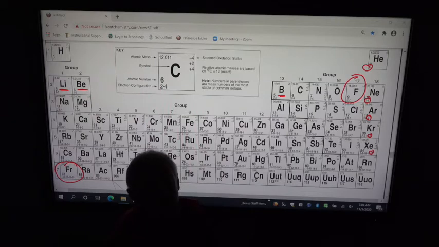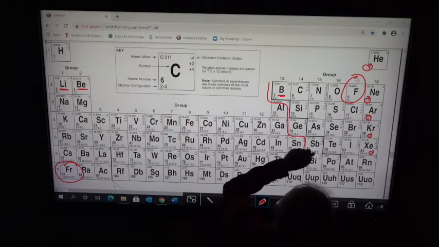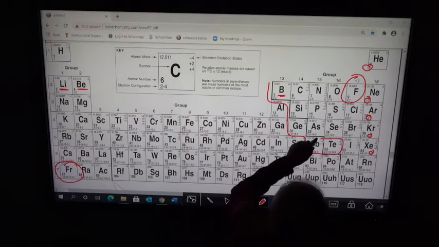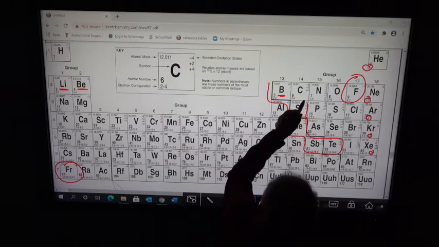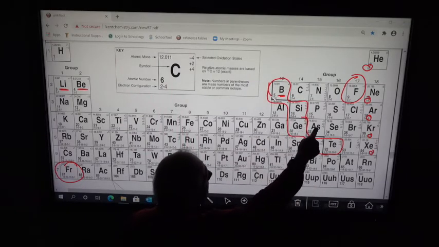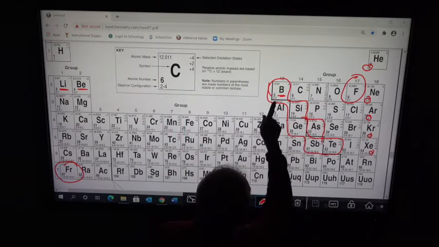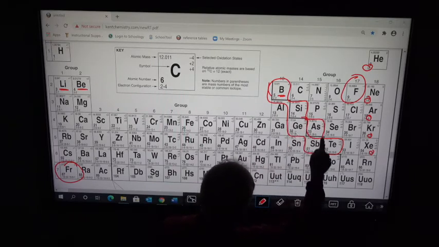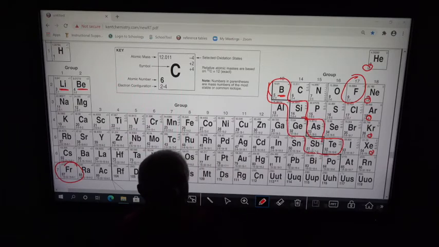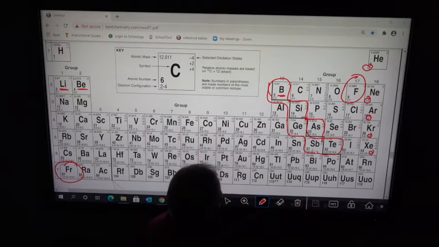Now, remember I said these guys right here: B, Si, Ge, As, Sb, and Te. They are like the demilitarized zone between the metals and the nonmetals.